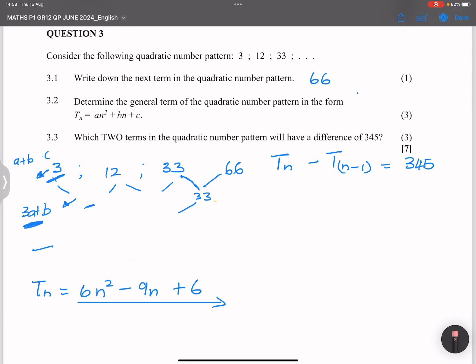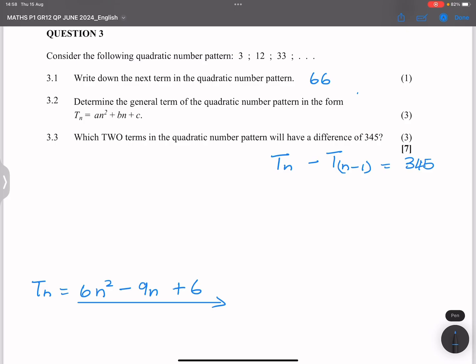Okay, let's just remove all of this that we have. We've already found our general term. So let's do this. If I say Tn, that's our original pattern, right? So that's 6n squared minus 9n plus 6, right? And this is subtract.